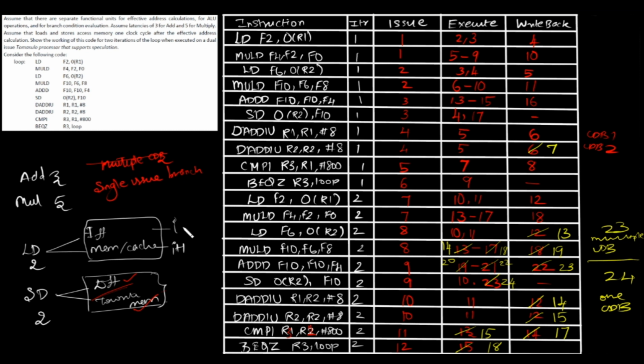So usually a processor will have either one or two CDBs to avoid all these problems, so that the clock cycles can be reduced, and mostly the processor uses two CDBs.